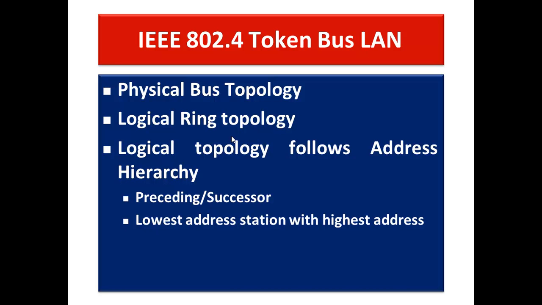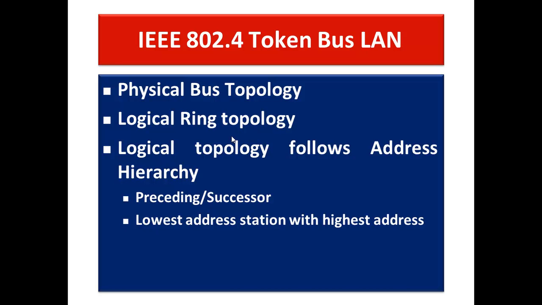Since it's a unidirectional link, the station that gets the free token is the one that is going to use it. But here, since we have a common bus, we need a mechanism to specify the address in the token frame itself. Whichever station's address is in the token frame is the one that can go on to use the token.